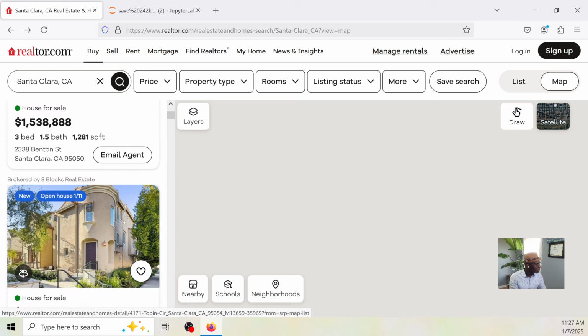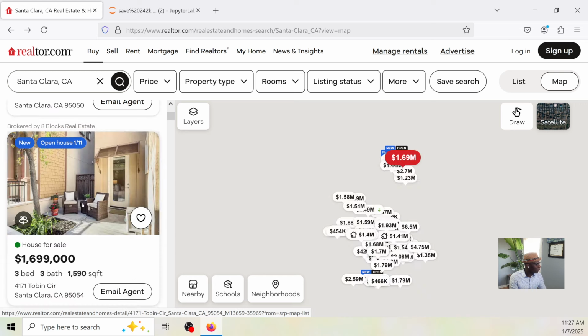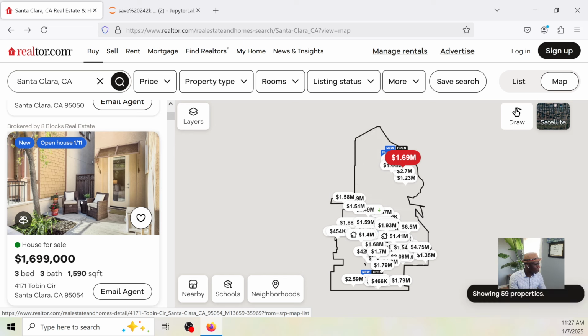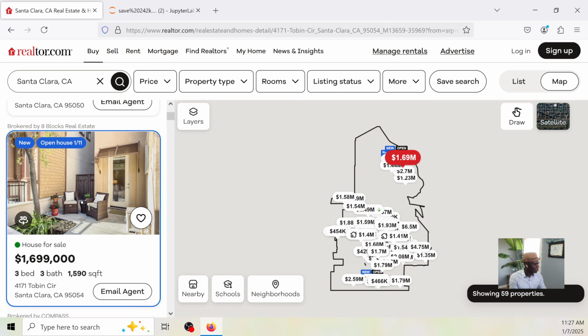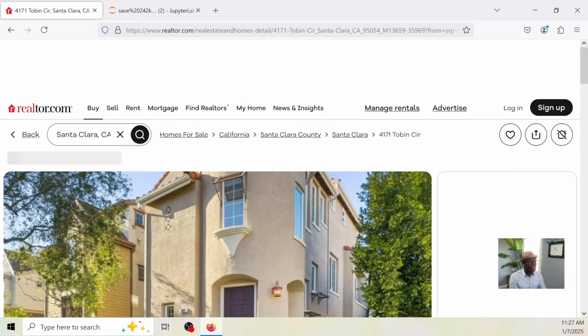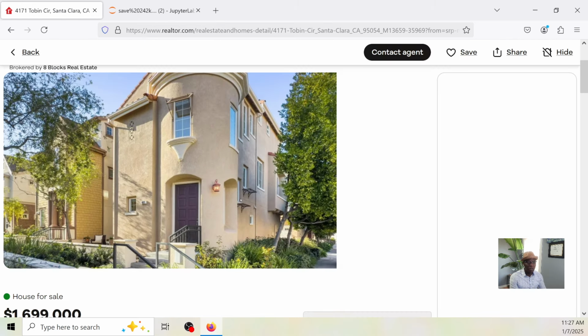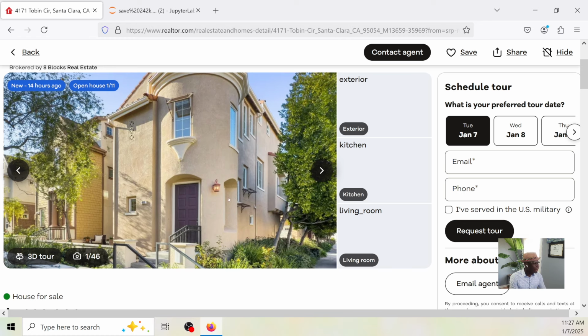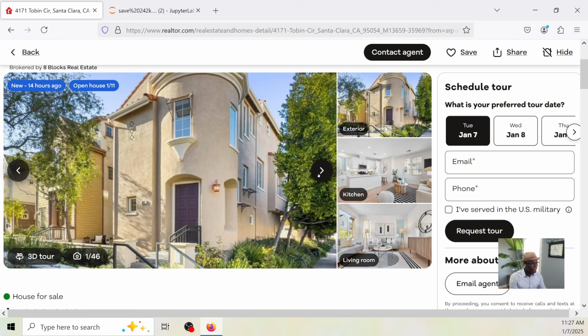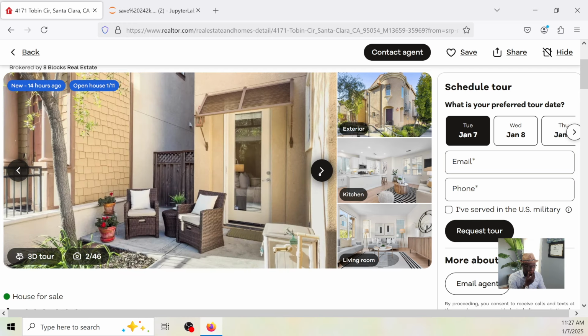Next one that we see is a 3-bed, 3-bath, 1,500 square feet for 1.69 million. Let's take a look at that. Looks nice. I like it. I like the outdoor space, a little 2 chairs out here, have a nice coffee.